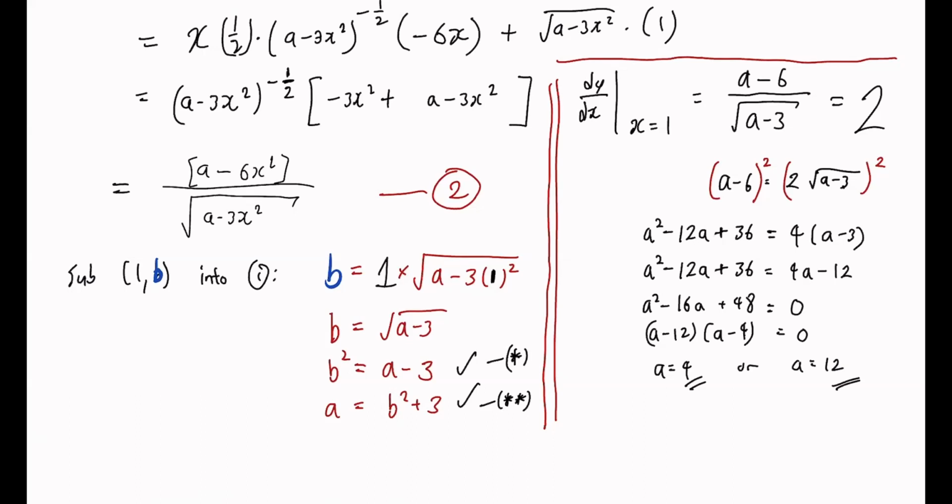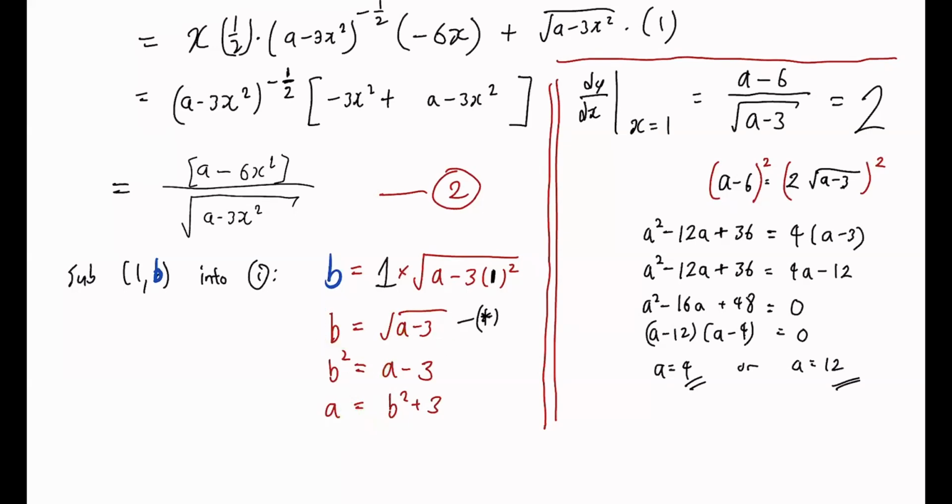Let's go for B, because I don't even need all the others. So sometimes you must be strategic. Even though you got a square root, don't be scared of the square root. You don't need to go in a hurry to make A the subject. Sometimes this is all you need.